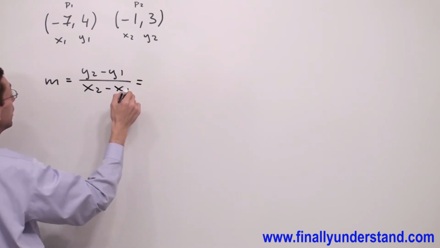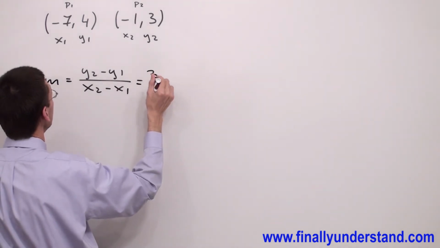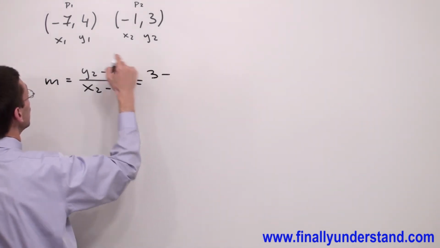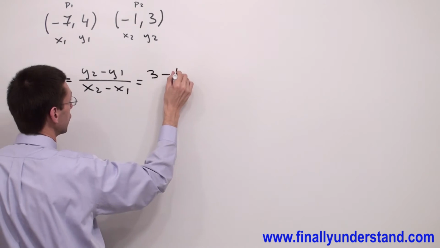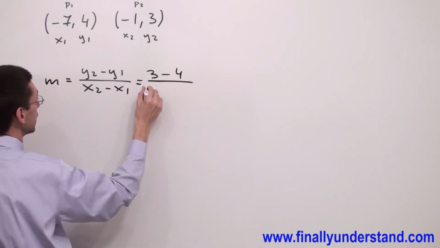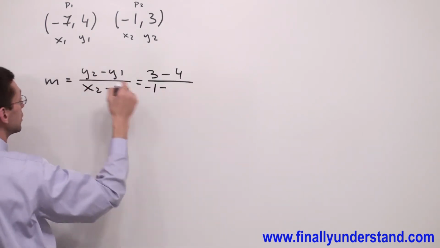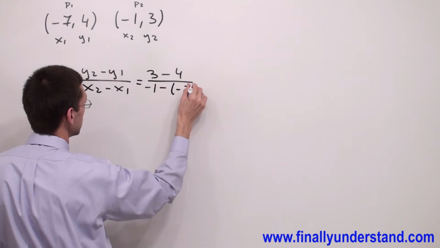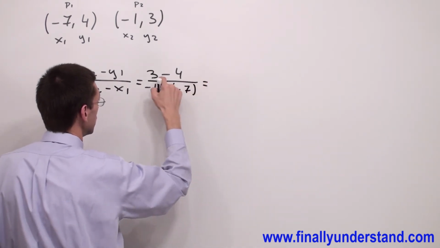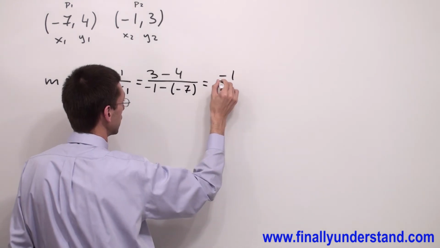This is equal, my y2 is equal 3 minus y1, which is equal 4, over x2, which is equal negative 1, minus x1, which is negative 7. 3 minus 4 is equal negative 1.